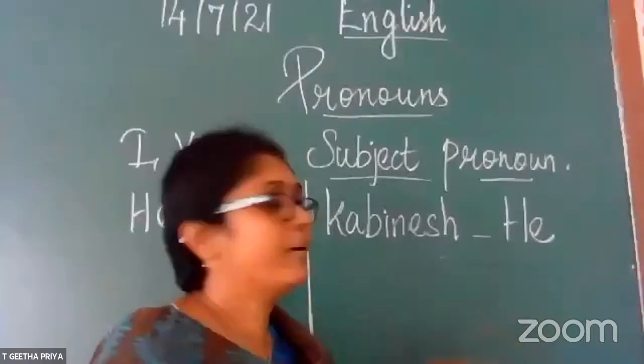Kabinesh is the name of a boy. So instead of Kabinesh, what is the pronoun I am going to use? I am going to use he here. Kabinesh is a boy. Instead of the naming word, we use the pronoun he. He is a boy.